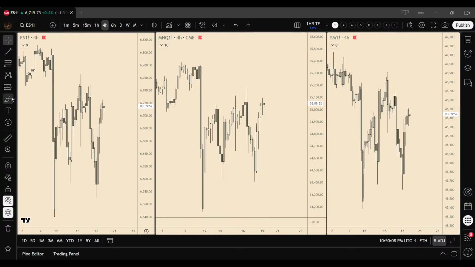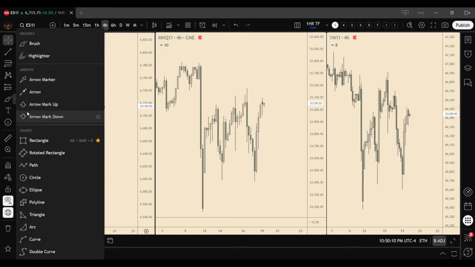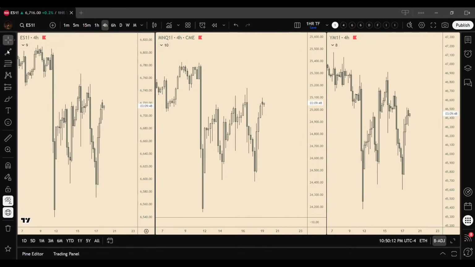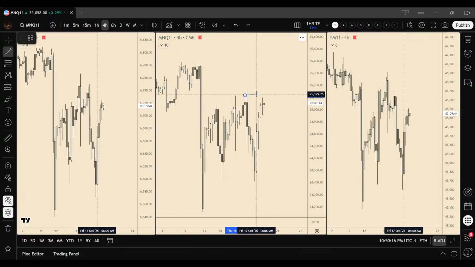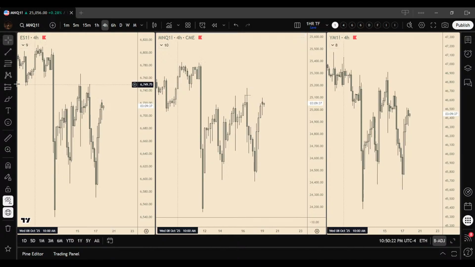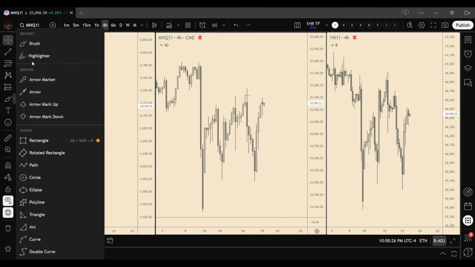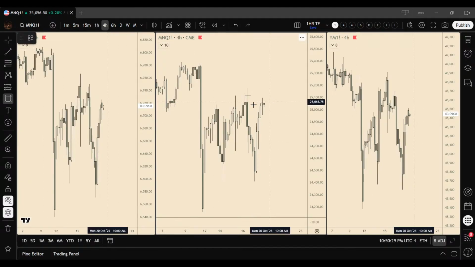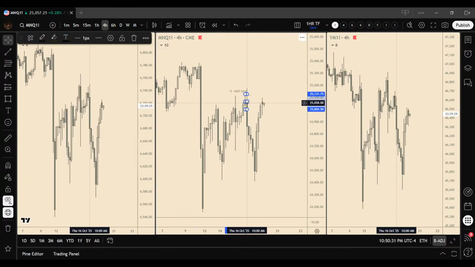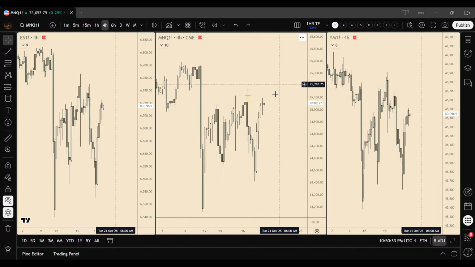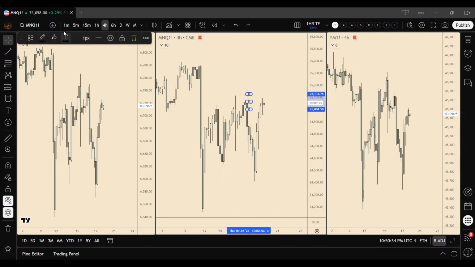It's important to point out that this is going to carry a tremendous amount of liquidity, this high, on top of the fact that this entire candle is going to operate like a high probability order block.